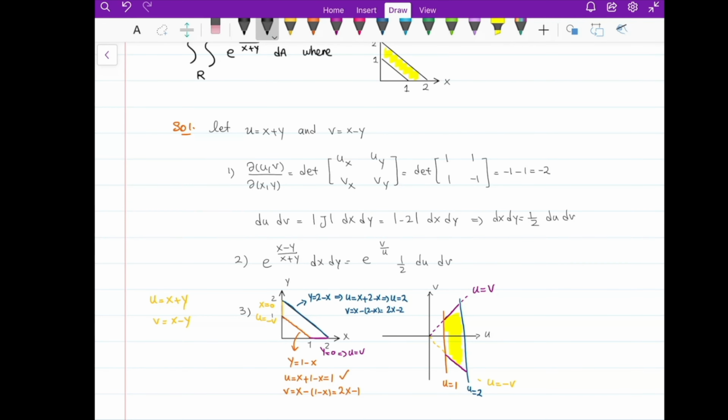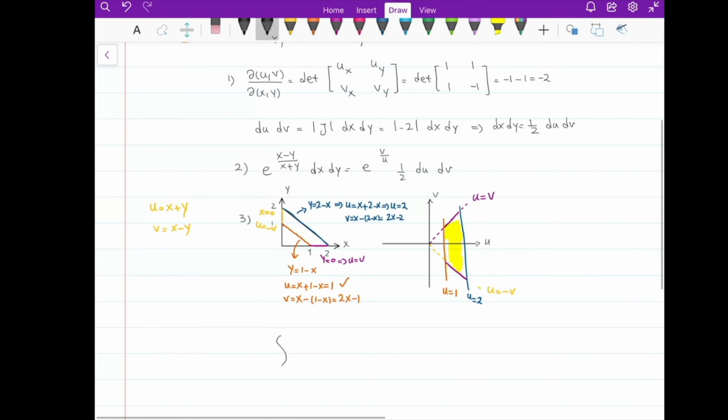Okay, very good. So now let me set up the integral. It would be the double integral of e to the (x minus y) over (x plus y) dA over the region R. So transform it into e to the power of v over u, and then du dv. Actually, let me change it to dv du because it's easier. dv du, and then don't forget the 1/2. Gonna bring it out.